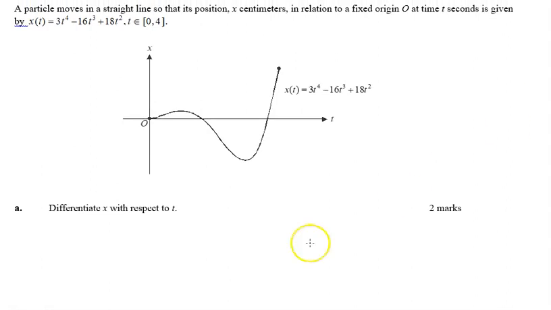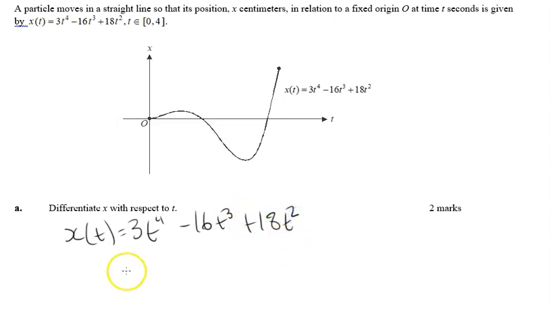So for now, differentiate. If my x of t is equal to 3t to the power of 4 minus 16t cubed plus 18t squared, then to differentiate this, easy, drop the 4 to the front. This is 12, and subtract the power by 1. 12t to the power 3 minus 16 times 3, which gives me 48t squared plus 36t.